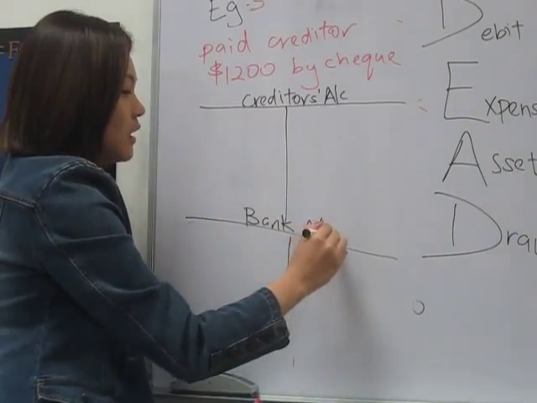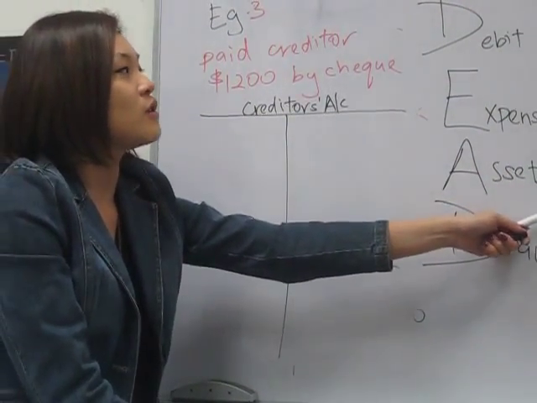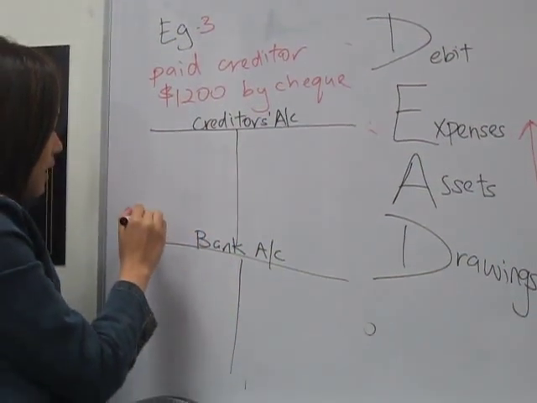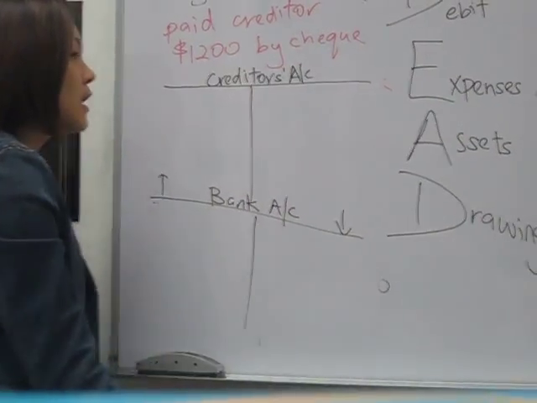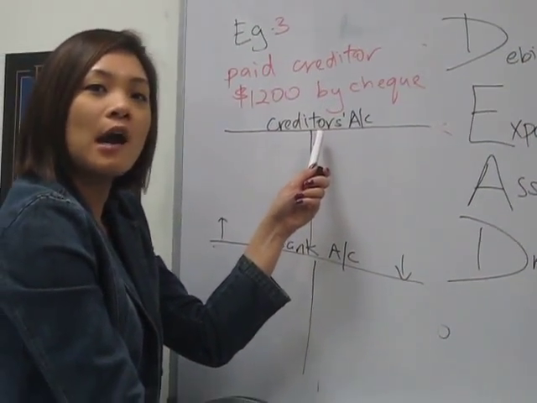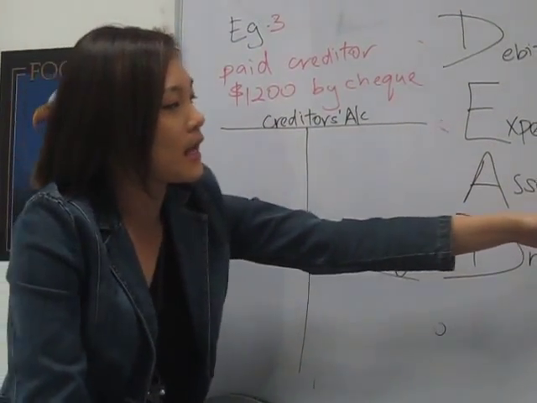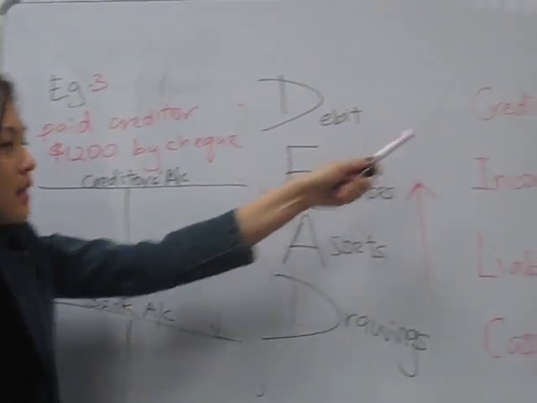As we mentioned, bank is an asset, so asset increases on the debit side and decreases on the credit side. Creditor is a current liability. Liabilities increase on the credit side.